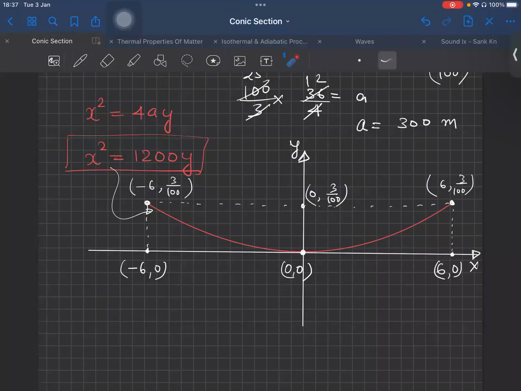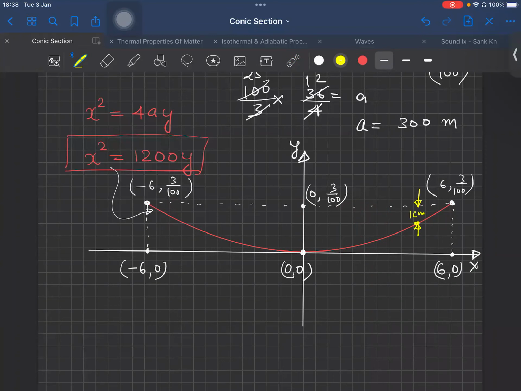Now you see the maximum deflection here is 3 centimeter. Somewhere around, the deflection decreases, right? Because the beam is deflecting most at the center. So somewhere around here and here, the deflection will be 1 centimeter. Somewhere on the beam the deflection must be 1 centimeter.